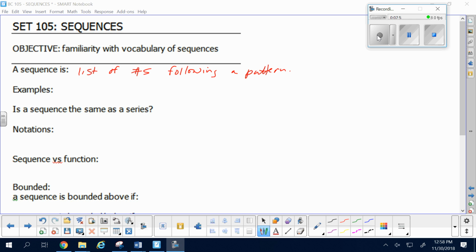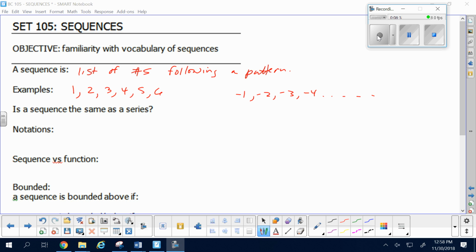An example: 1, 2, 3... the first sequence you ever learned is that one. Actually, it was probably finite. That's a finite sequence. It's a list of numbers following a pattern, and it ends. You could, I suppose, go -1, -2, -3, -4, forever. That's an infinite sequence.